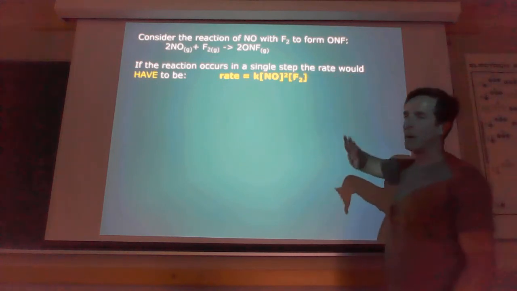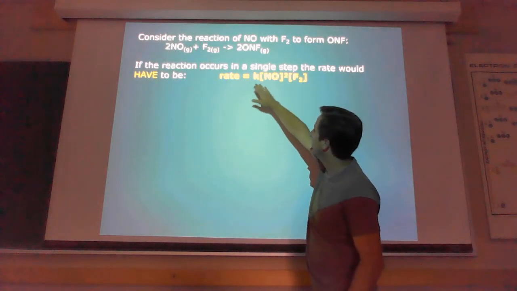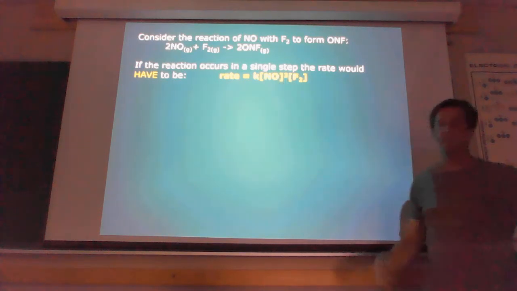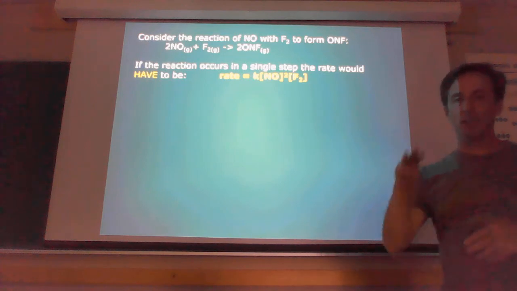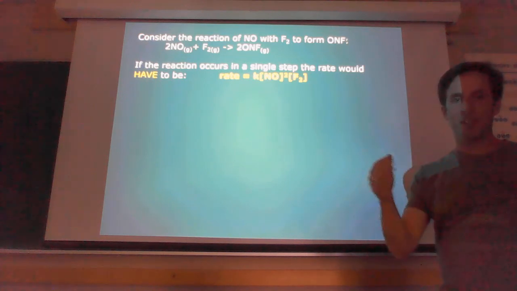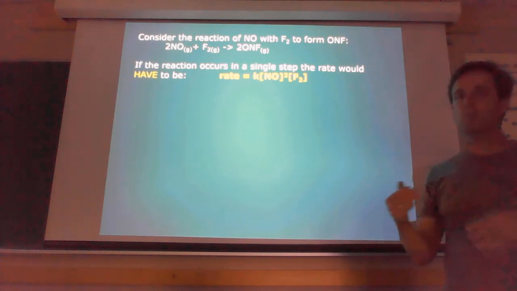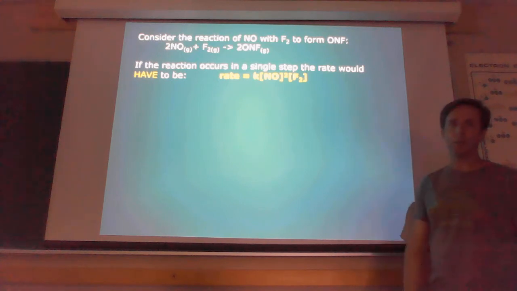So if there's a one-step reaction, the rate law would be rate equals k times [NO]² times [F2]. This would be a termolecular reaction. Remember, a reaction that has three molecules colliding all at the same time, which an elementary step has to be a singular event. So if this was a single-step reaction, that's what the rate law would be.